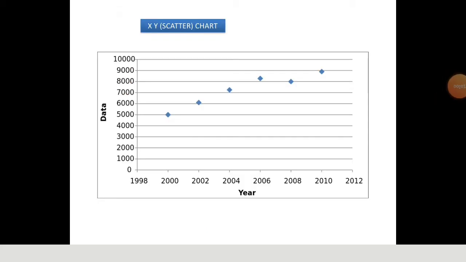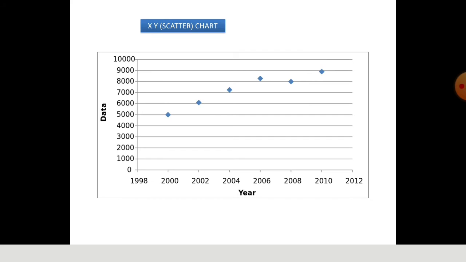Now next is the scatter chart or XY chart, which is used to plot the data values as markers in the plot area. But these data markers are not joined with each other, rather they are scattered in the plot area of the chart.